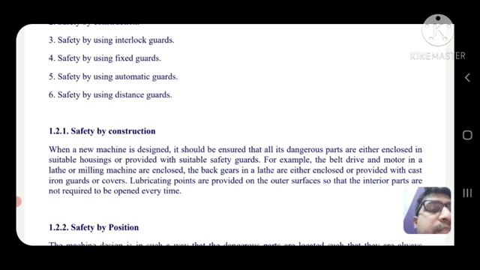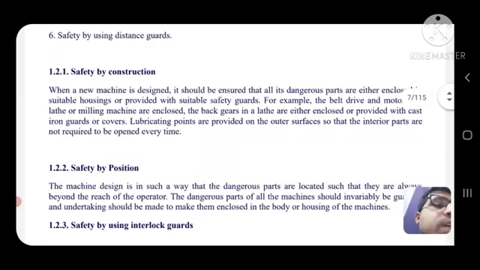For example, the belt drive and the motor in a lathe or milling machine are enclosed. The back gear in a lathe are either enclosed or provided with cast iron guards or covers. Lubricating points are provided on the outer surface so that interior parts are not required to be opened every time.